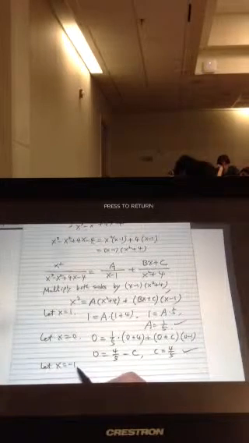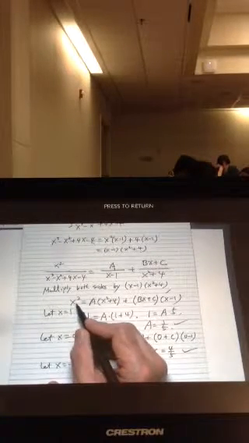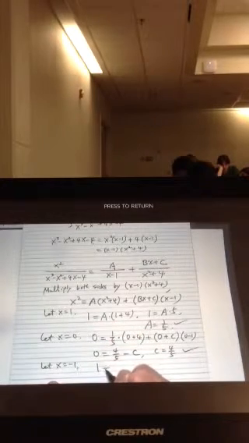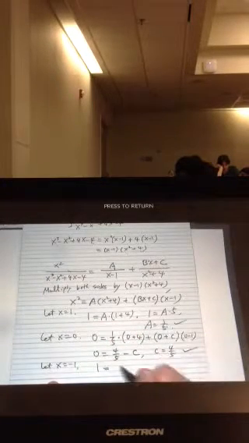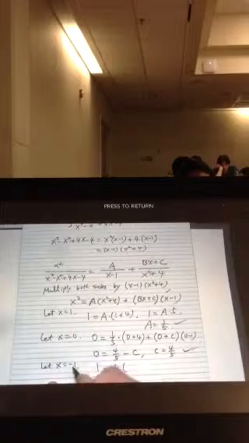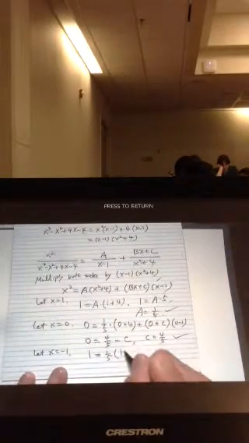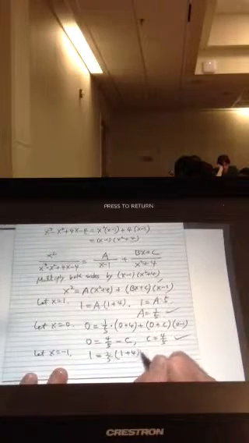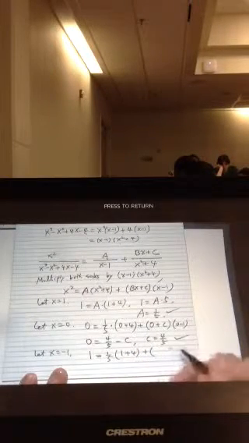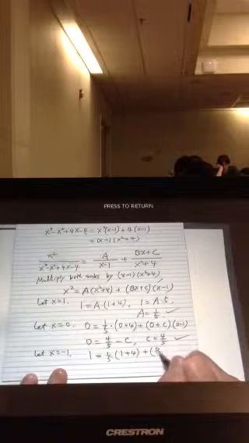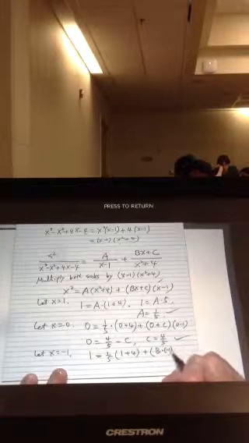All right. So when x is negative 1, on the left-hand side, negative 1 squared is 1, right? A I already know is 1/5, times negative 1 squared, that's 1, plus 4. B, I don't know, times negative 1.